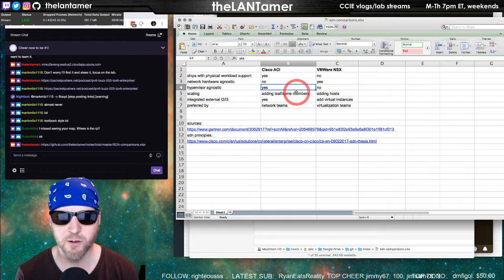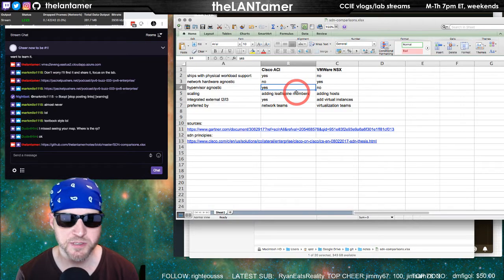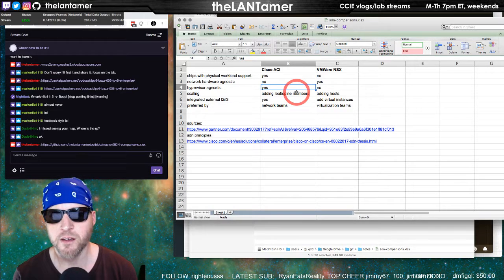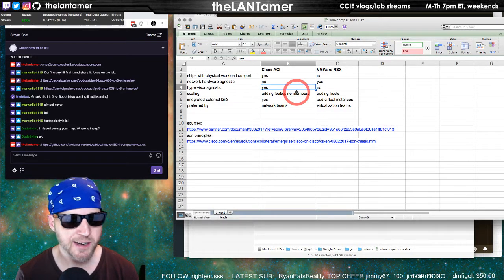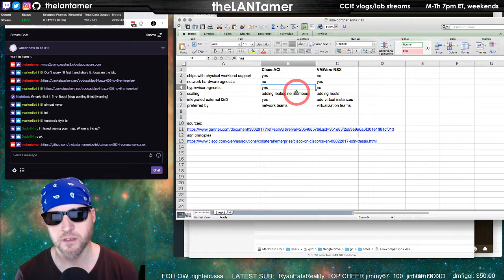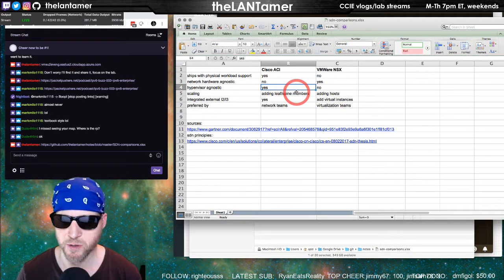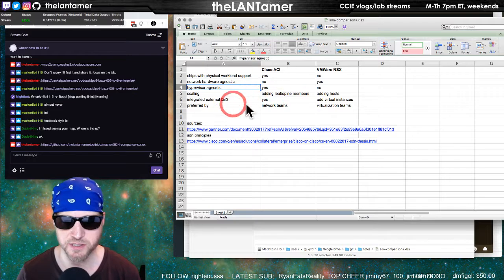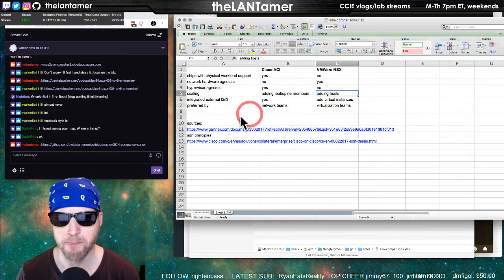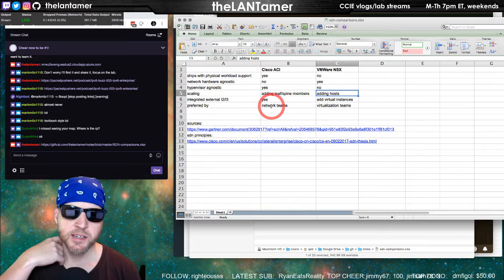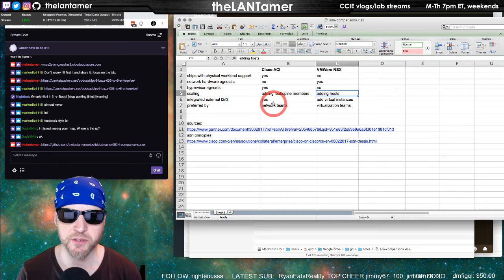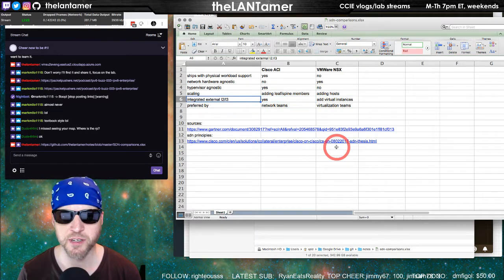How do you scale out the solution? With Cisco ACI, you have to add leaf and spine members, right? And with NSX, if you need to scale it out, you have to add hosts. Additional hosts are required to run the NSX instances. With Cisco ACI, integrated external L2, L3, that's talking about connecting to Internet Edge.